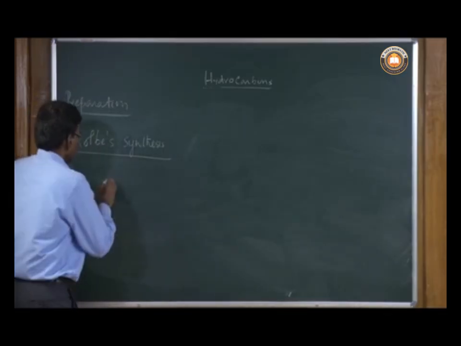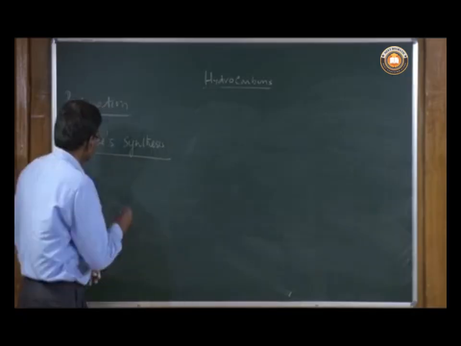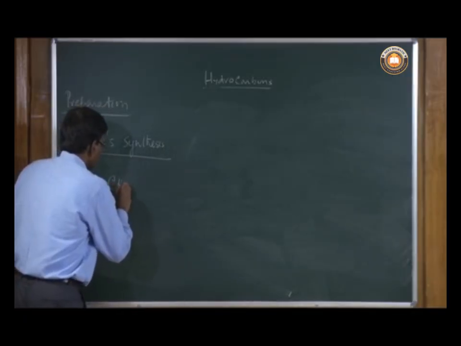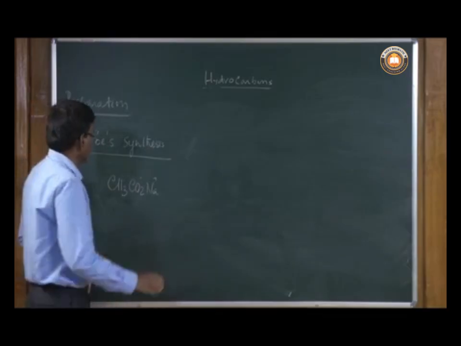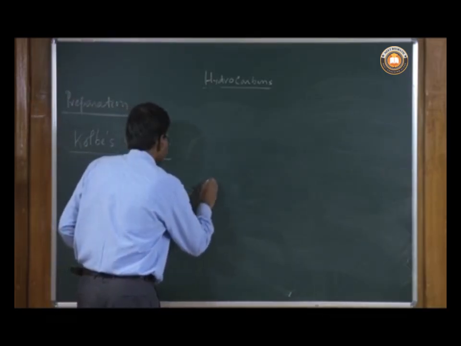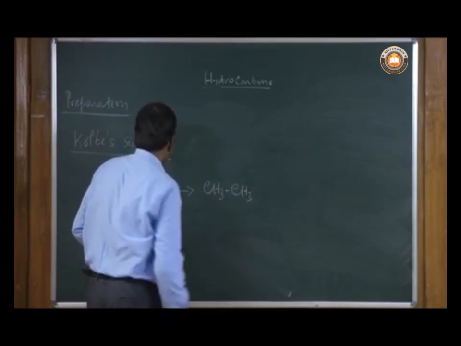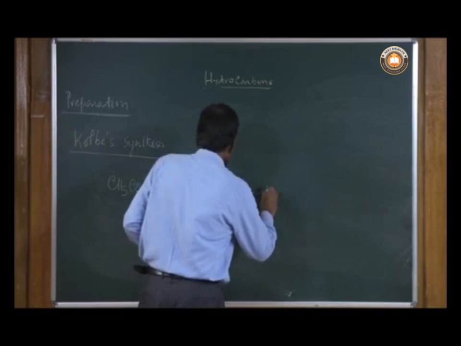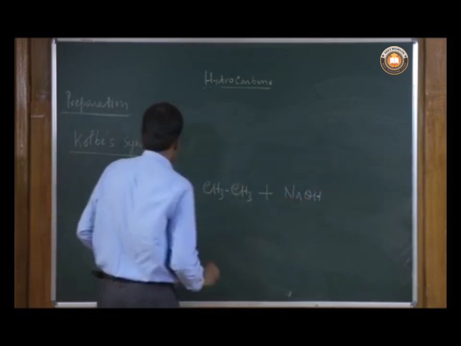You can also, if you have a sodium or potassium carboxylate, for example, sodium acetate, when you do electrolysis, it can be converted into the symmetrical alkane ethane, and you will generate sodium hydroxide.